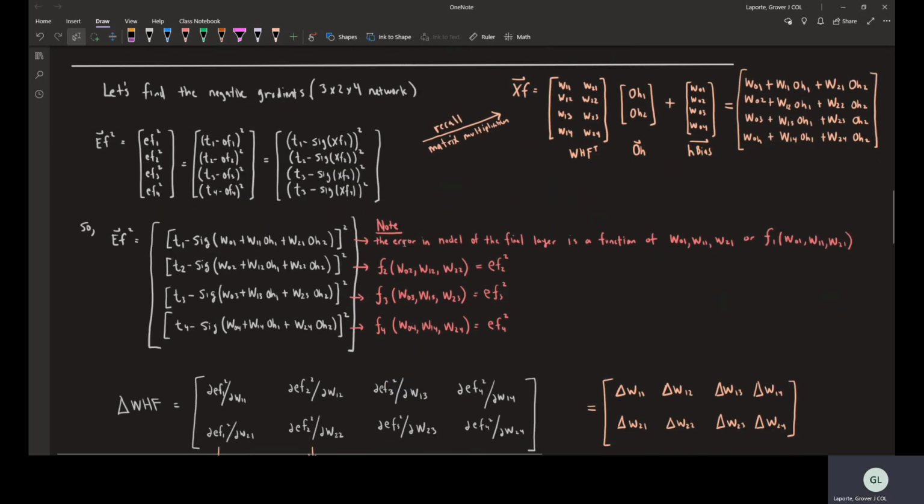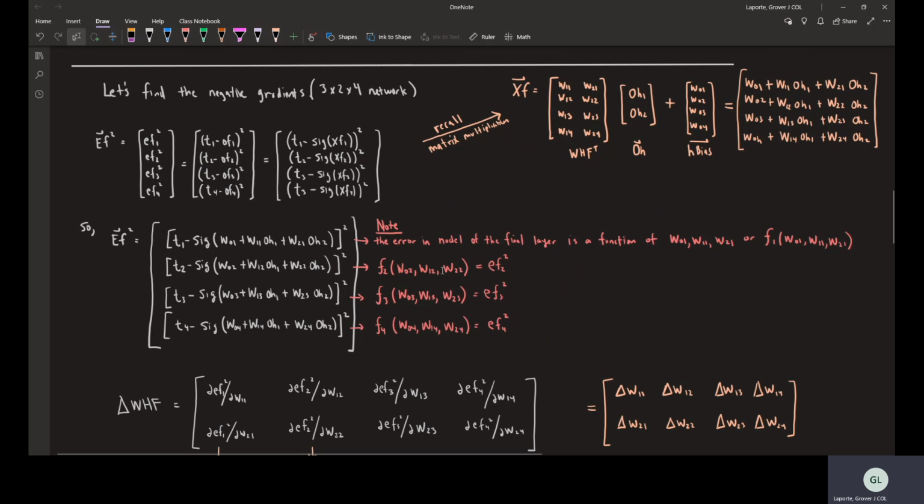Note that the error in node 1 of the final layer is a function of W01, W11, and W21. And those are the things that we want to update. So now we're sitting in a spot where I can start taking partial derivatives and use them to come back and update my weights.